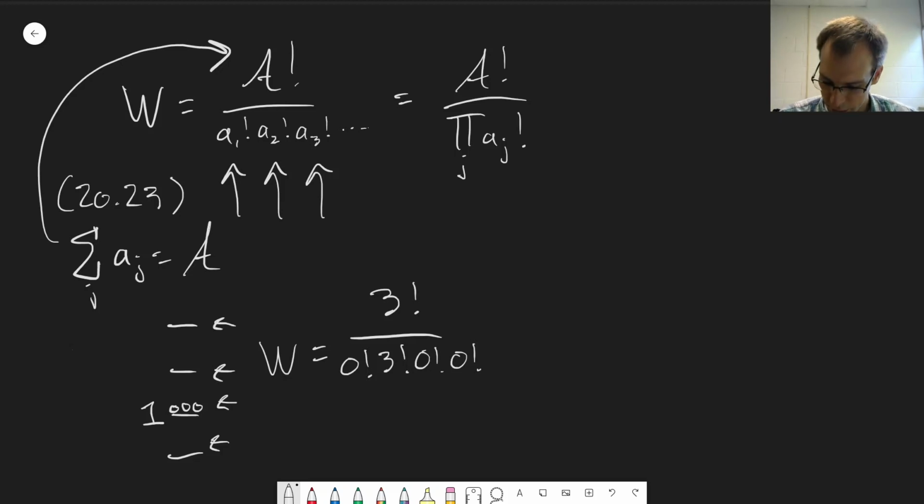This is how we would find this. One important thing to know is that by definition, 0 factorial is equal to 1, so that we're not dividing by 0, otherwise we'd have issues. But overall, we can see this gives you W equal to 1.